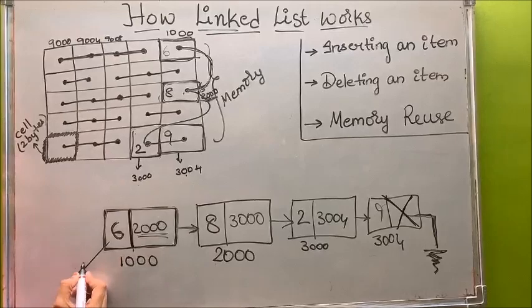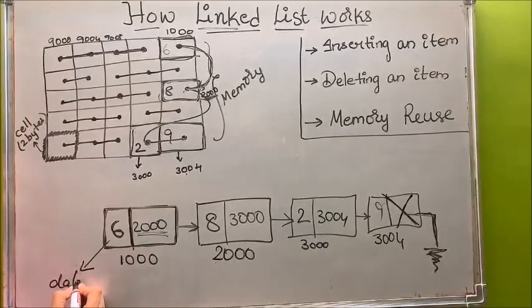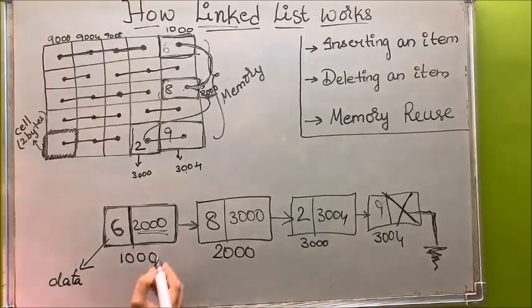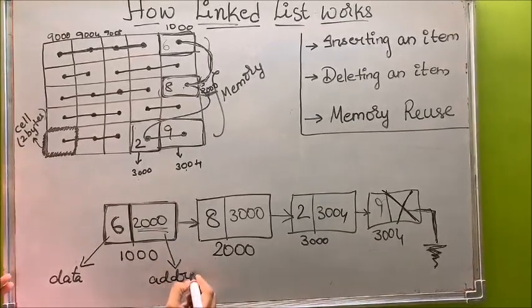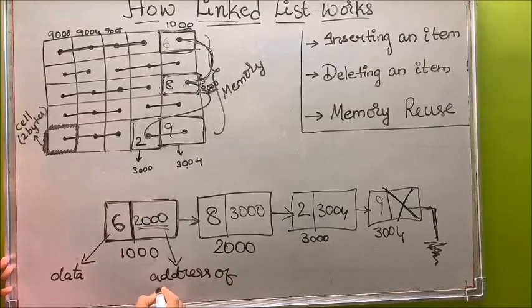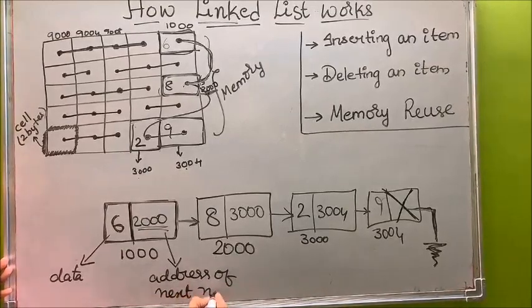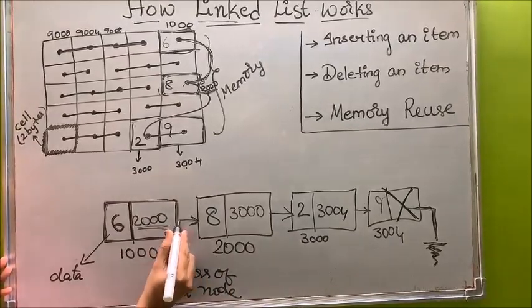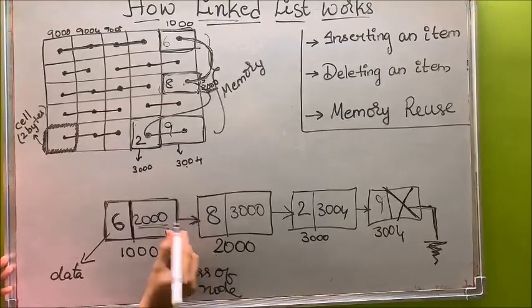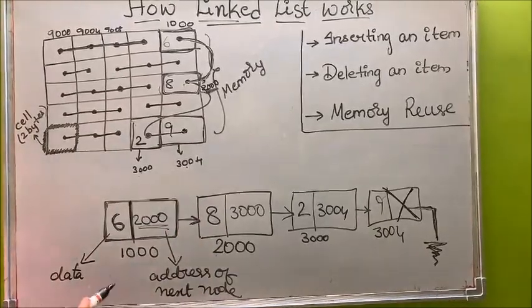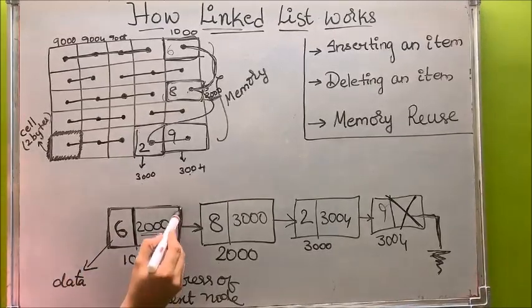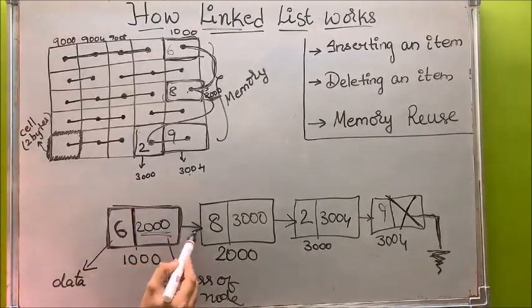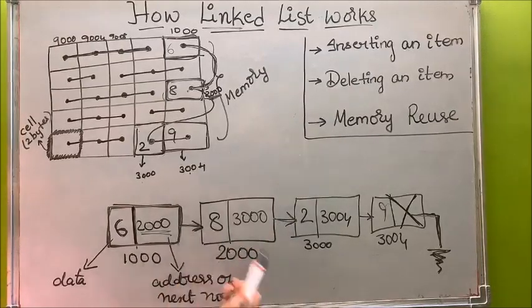The first partition stores the data, exact data, and the second partition stores the address of the next node, or the address of next node which is linked to the previous node. Okay, now this is the concept of linked list, linking each and every empty cell to reuse it.